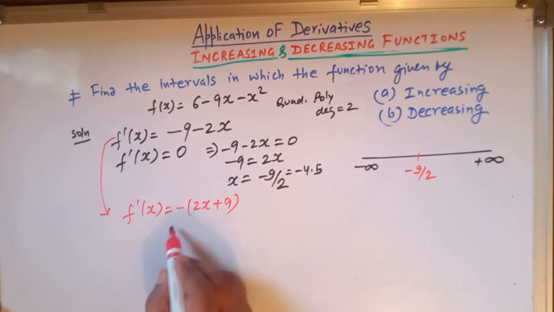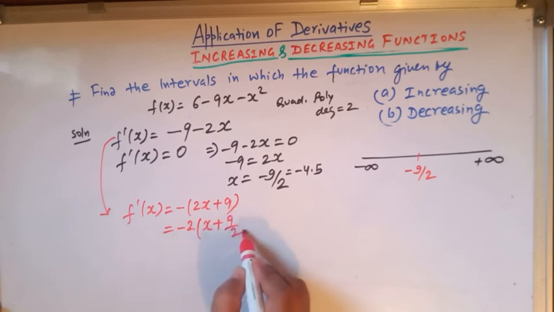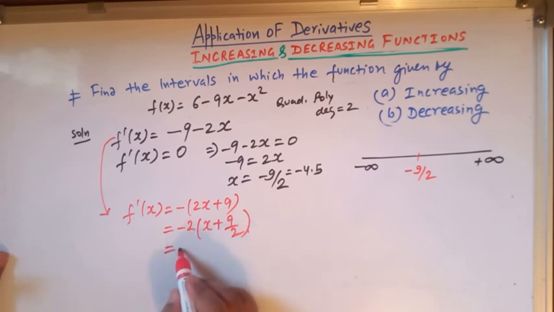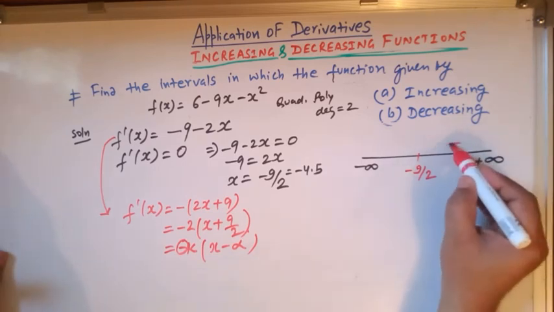Clear? Or we can take 2 common here, and we have x plus 9 by 2. So as we have just discussed, this is of the form minus k times x minus beta. Clear?